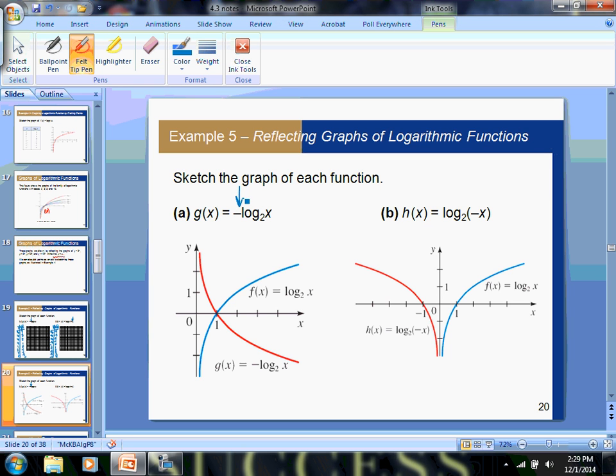It rotates it around the x-axis. And if I put a negative inside the parentheses with the x, that affects the x values in my table of values, and it's going to flip the function around the y-axis. It's going to rotate it across the y-axis.